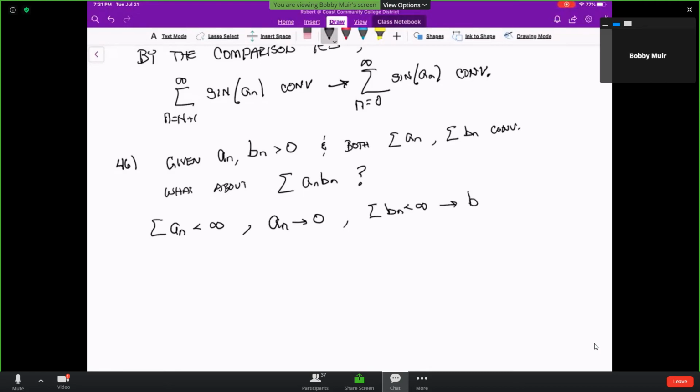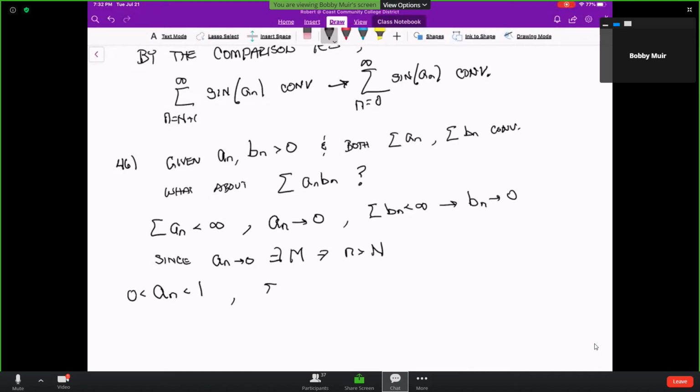That would imply that the BNs go to 0. Okay. Now this one is really kind of easy. Since AN goes to 0, there exists a number M such that if N is bigger than this number M, AN, which is positive, remember, will be less than 1.